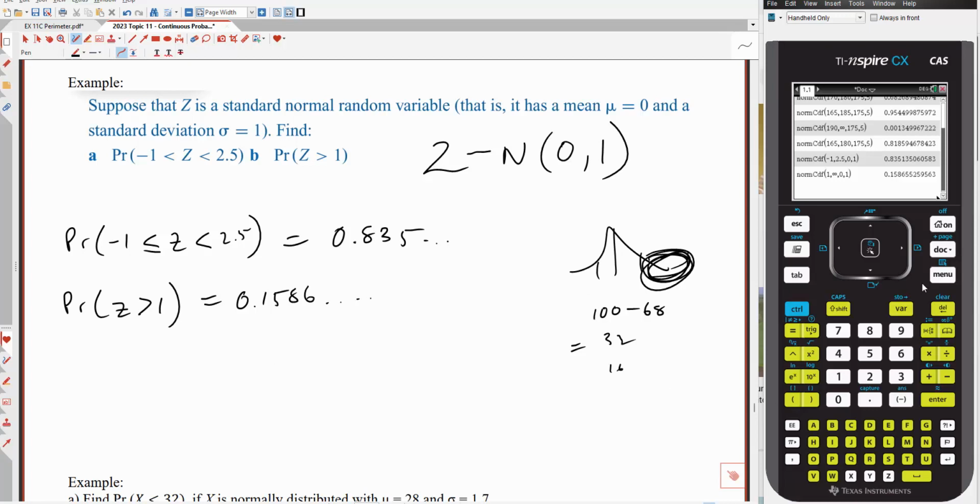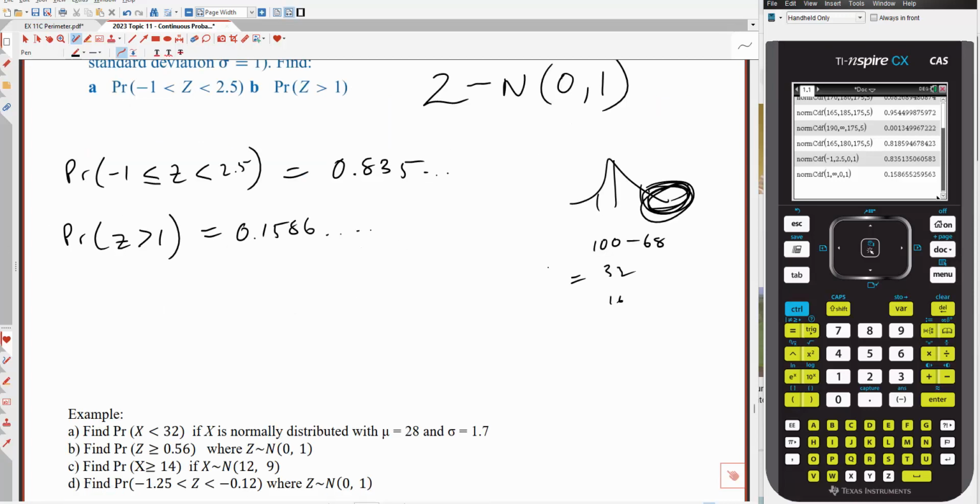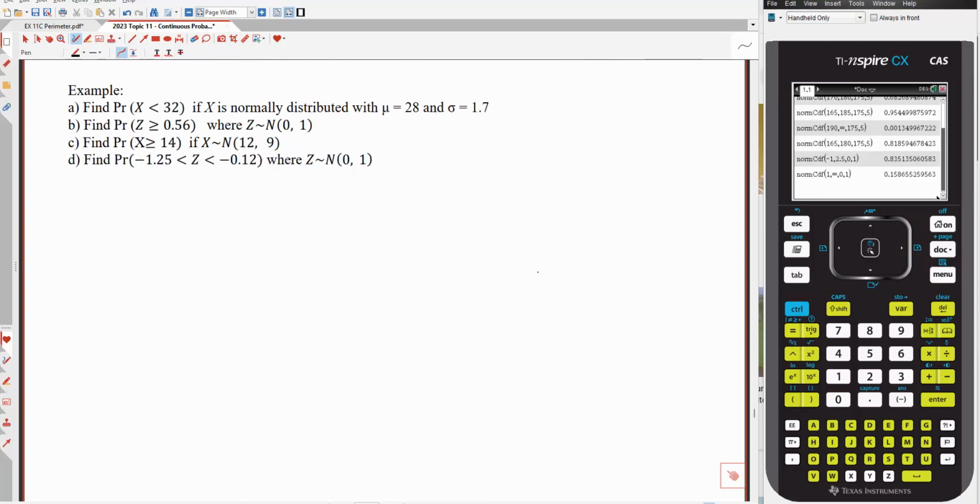All right, and what do we got next? Okay, so find the probability that the random variable is less than 32 if it's normally distributed with a mean of 28 and sigma value of this. So let's just define our random variable. Normally distributed 28, 1.7 squared. Again, I'm just trying to reinforce that this is the way we define the normal distribution. So that's just a classic CDF question.